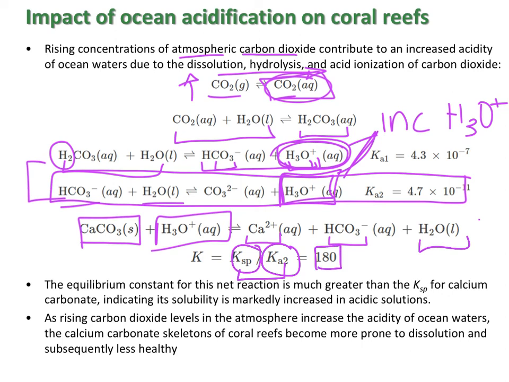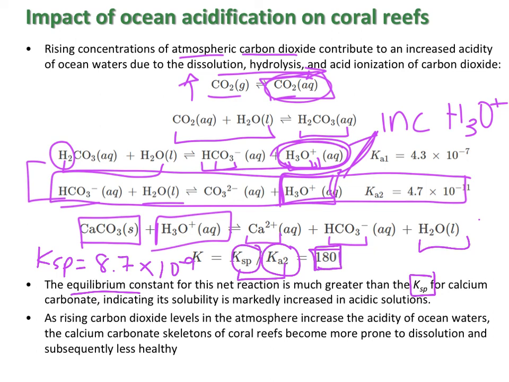So notice that this K value, this equilibrium constant, is much greater than the Ksp value. The Ksp value was just 8.7 times 10 to the negative 9th, so I'm just going to write it off to the side. It's from the previous slide. It's a lot greater. Times 10 to the negative 9th is a tiny number compared to 180.